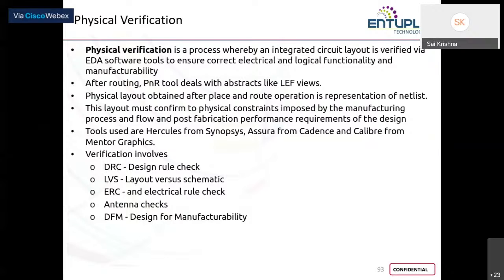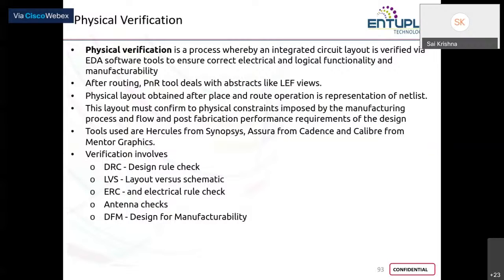So here, in your ASIC design flow, because you are dealing with a very complex design, along with DRC and LVS, there are a few extra checks that you do. They are your ERC, electrical rule check, where opens, shorts, or direct connections between VDD and VSS are all checked.